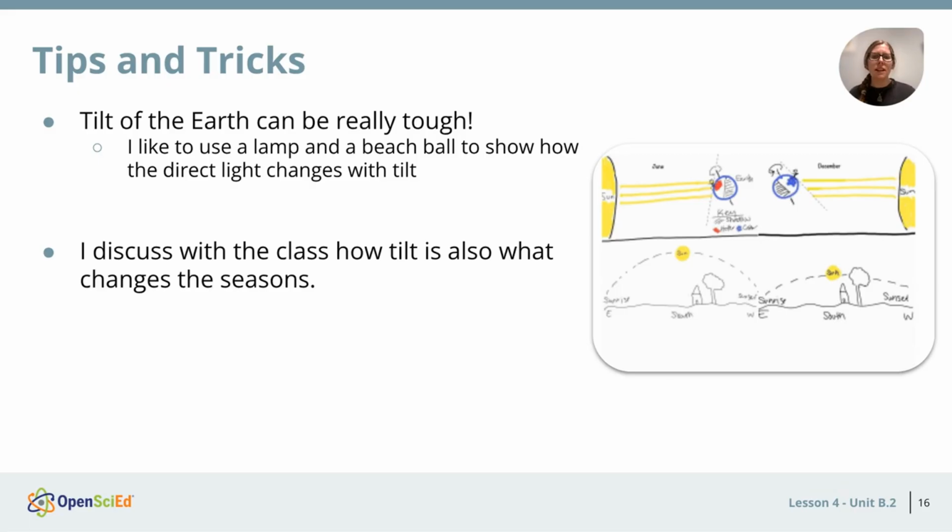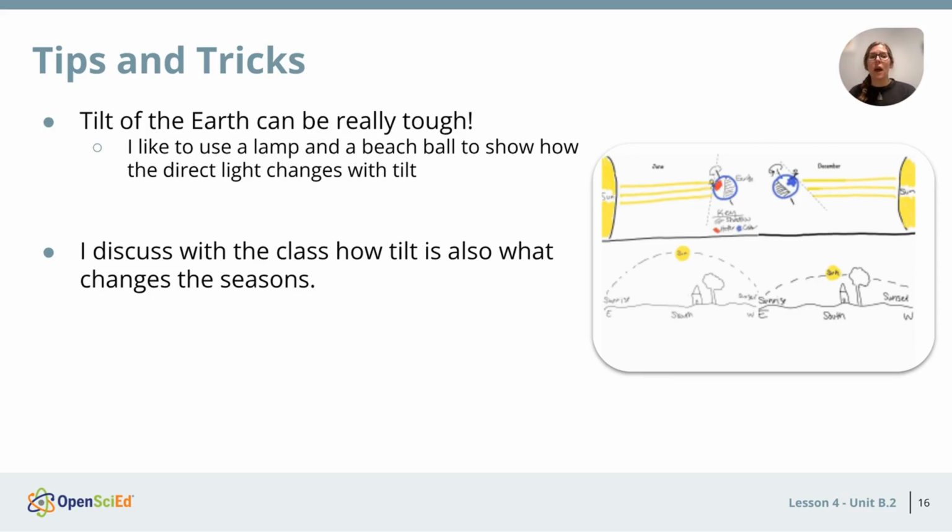I also connect tilt to changing of the seasons, so getting it connected to something that they have experience with. A lot of the time I'll bring up winter versus summer. If we have a sunny day in the winter versus a sunny day in summer, and let's say I have the exact same amount of sunlight for the hours that there's sunlight, why does the winter feel so much colder?